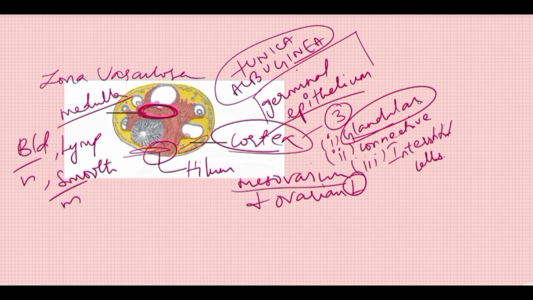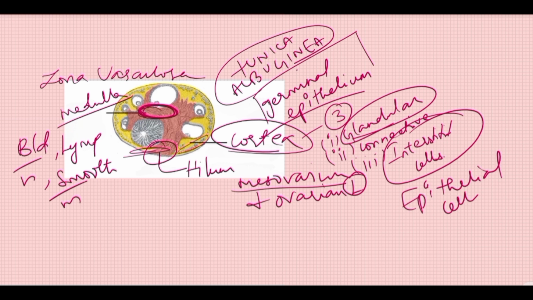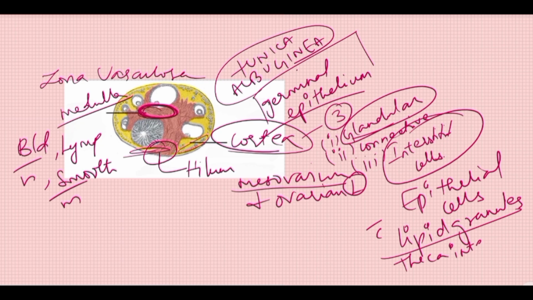The glandular structures represent the ovarian follicles at different stages, and the interstitial cells are a cluster of epithelial cells with fine lipid granules, formed mainly from the theca interna cells.